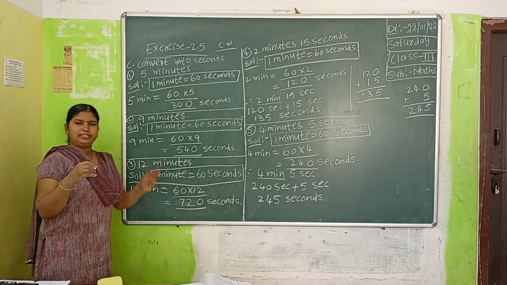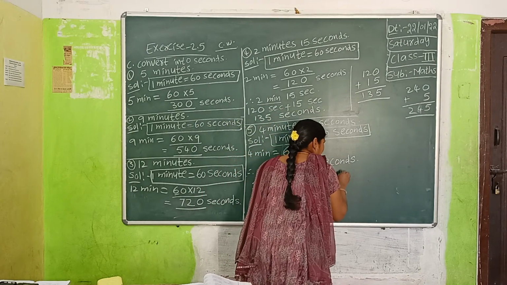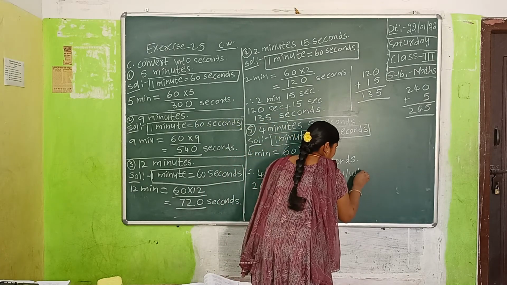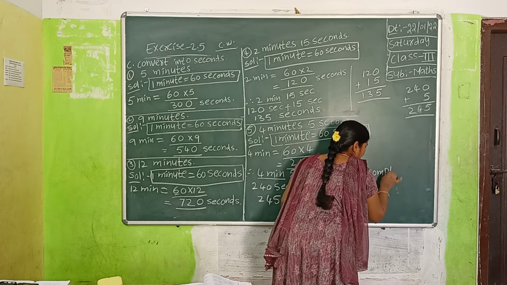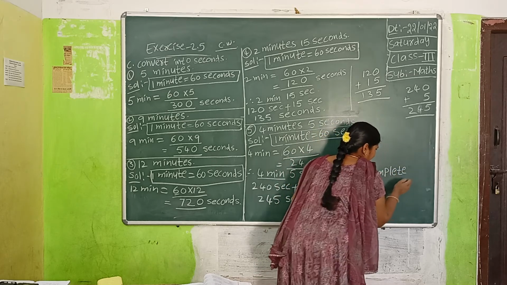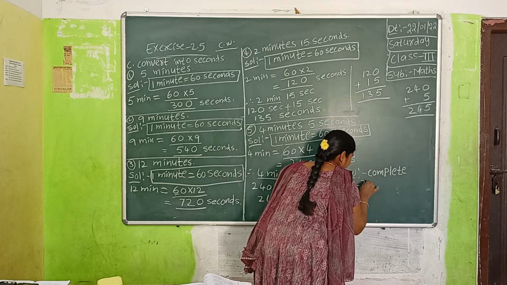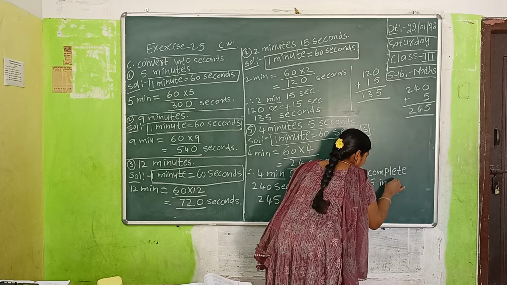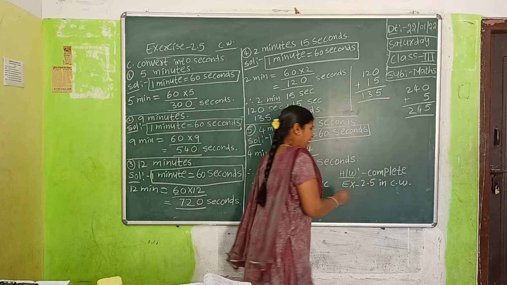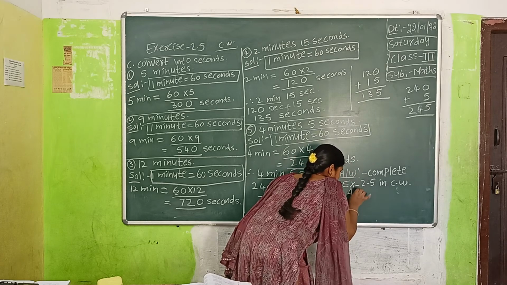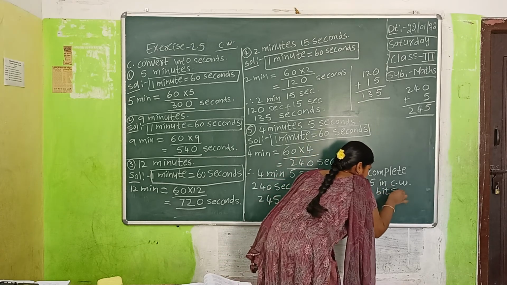Here we have completed 3 bits, exercise 2.5. All these you have to complete in your class work. Complete exercise 2.5 in class work. Okay? A, B, C bits.